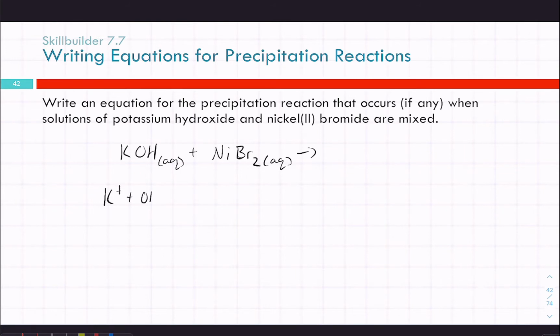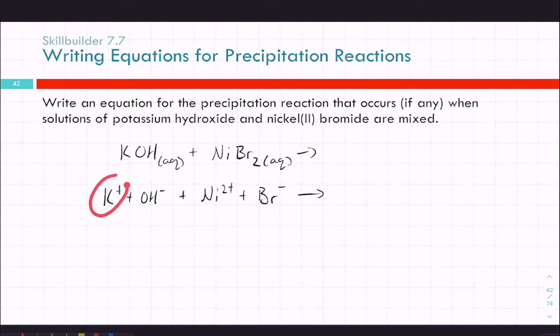So K plus, OH minus, and Ni 2 plus, Br minus, and at this stage I am leaving off the subscripts, because we'll do all the balancing later using all the correct chemical formulas. At this stage, we just want to make sure that we're correctly swapping anions with their cations.